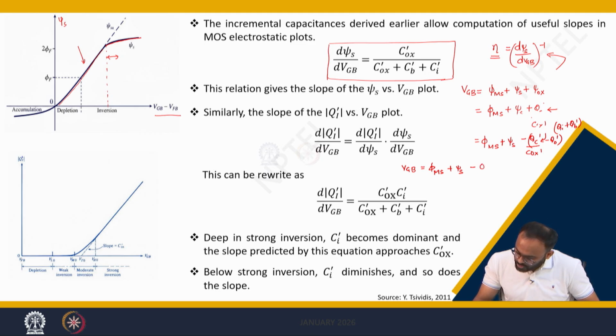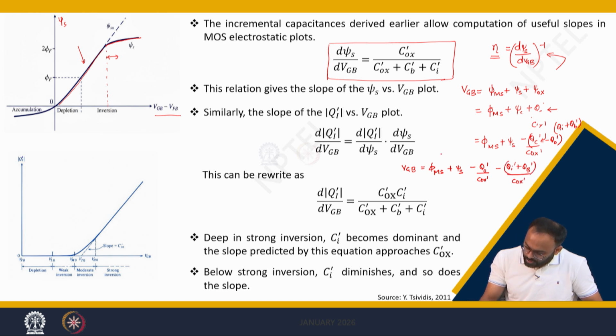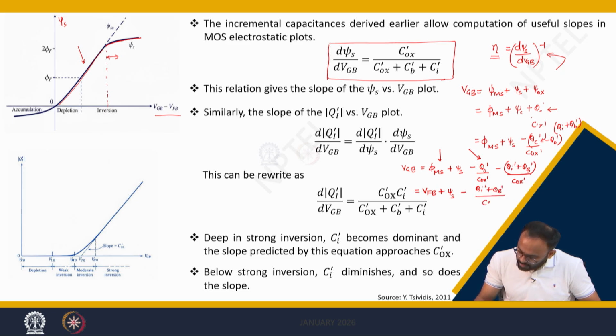So, minus q naught dash by cox dash minus qi dash plus qb dash divided by cox dash. We remember and we are familiar with this term. This is nothing but flat band voltage plus psi s minus qi dash plus qb dash divided by cox dash, which is nothing but equal to VGB.